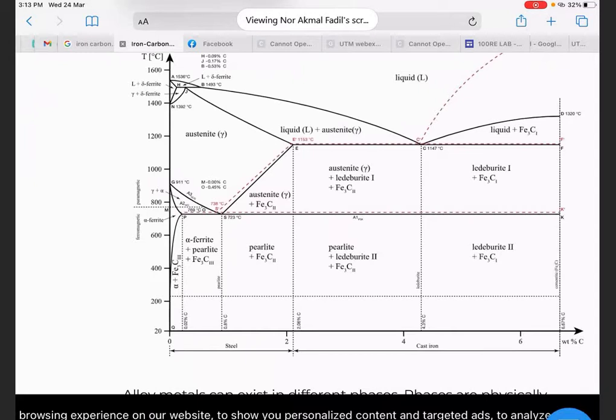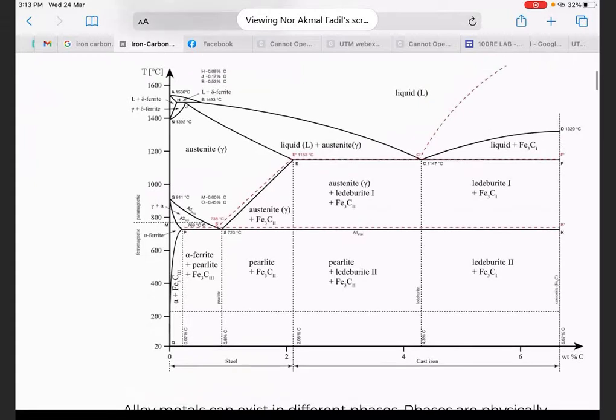Is it true? The value at the x-axis at 0% of carbon means this alloy is pure iron. Is it true?